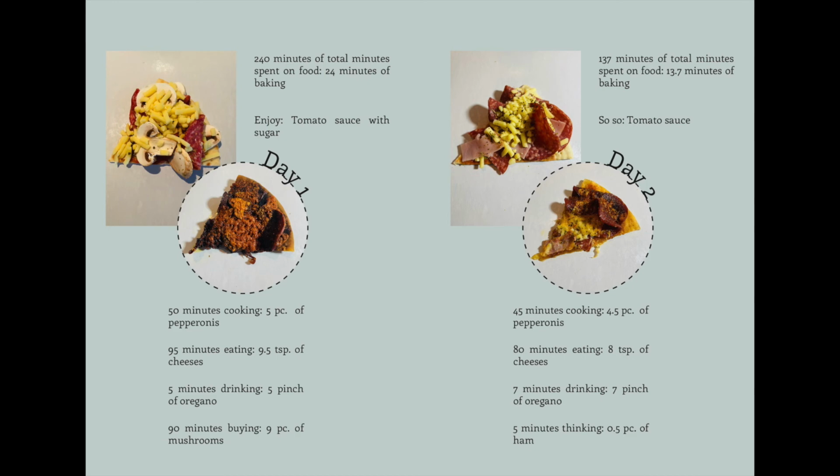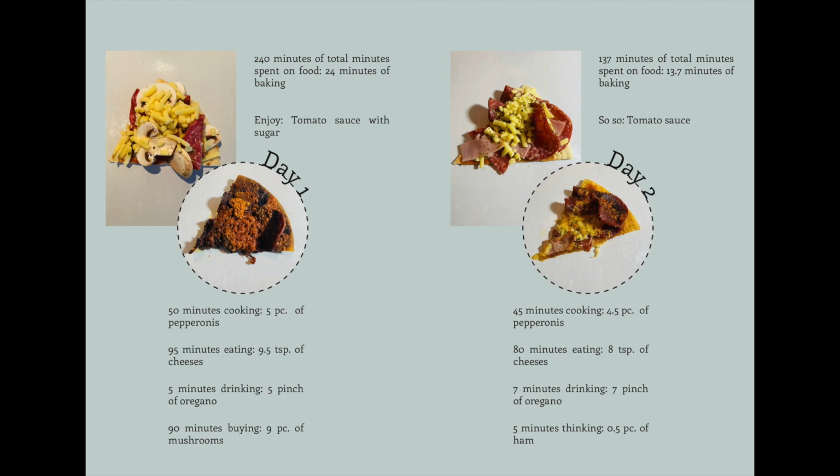For the first day, comparing before and after baking, as you can see, this day is the most burned because of using 24 minutes of baking. So that means this pizza cannot be eaten because of overcooking.